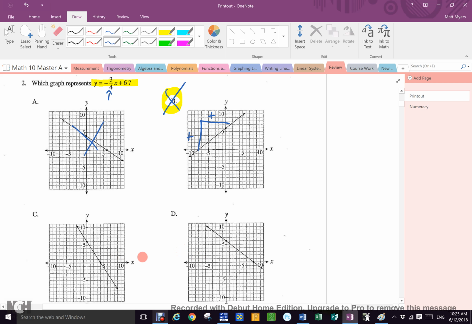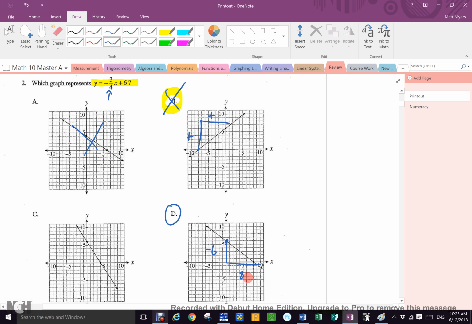So now we're down to C and D. They are both negative, correct? So now all we got to do is check which one is 3/4. Jazz? You think it is D. What makes you think that it is D? Okay. So you went down how far? From 6 down to 0 is negative 6. And you went this way how far?